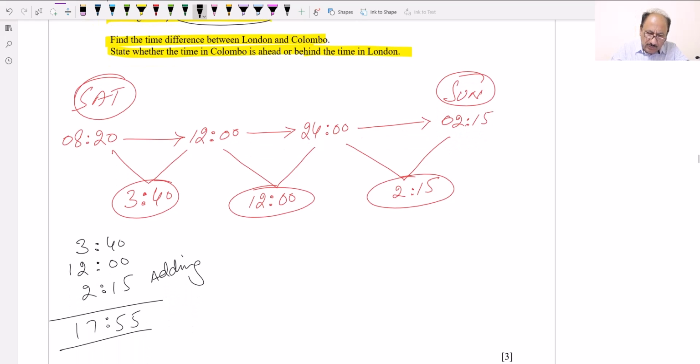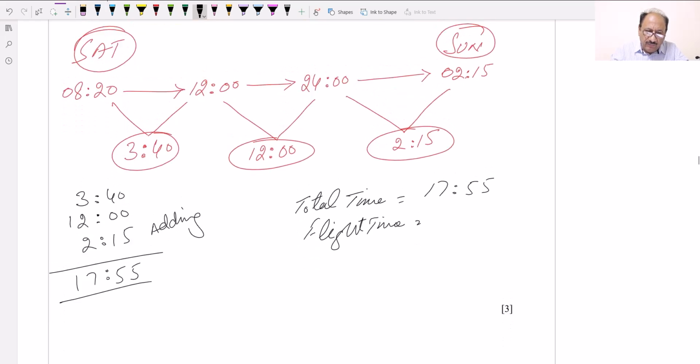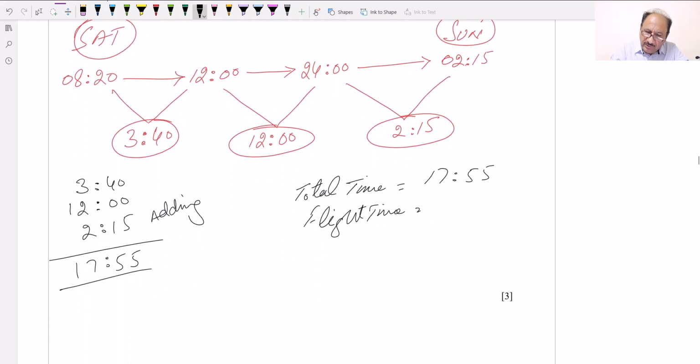So total time will be 17 hours 55 minutes, and flight time is 13 hours and 25 minutes, and this will be subtraction, and we will get 0, this will be 3, and this will be 4.